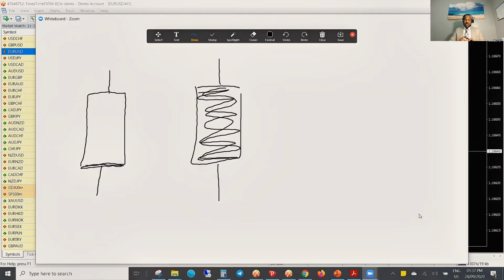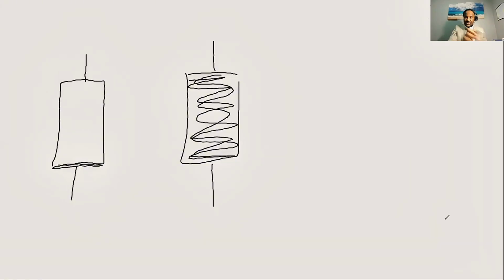Look at it. For the first type of candle, if it opens around this place, and then went up and down, up and down, and eventually went high, went low, but this was where it opened from.